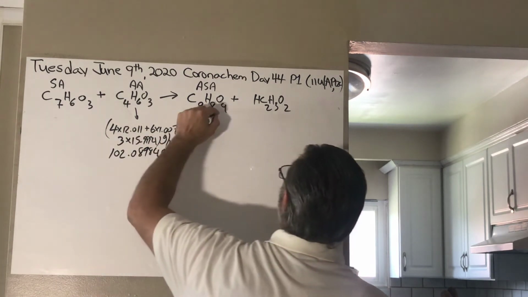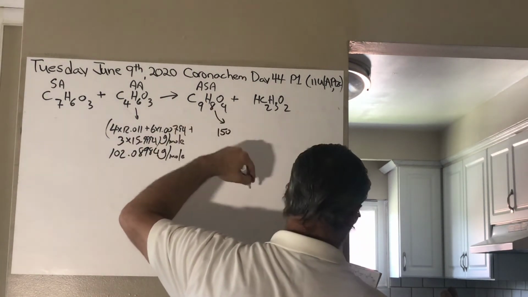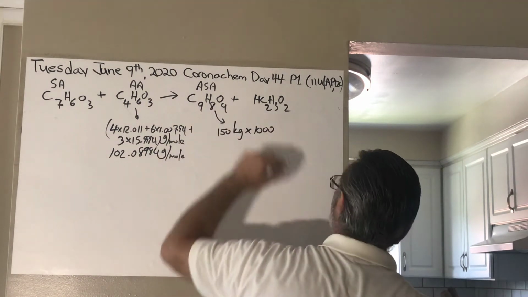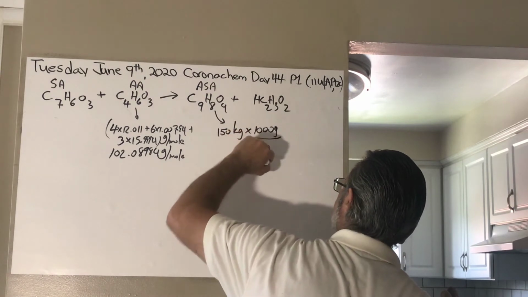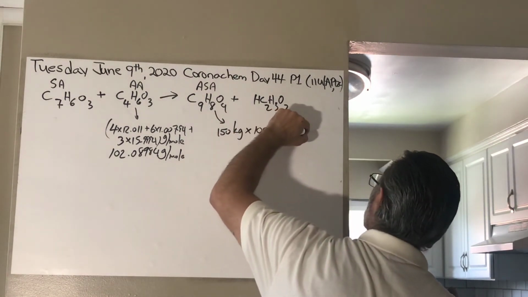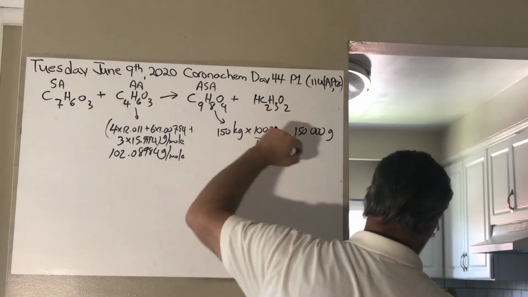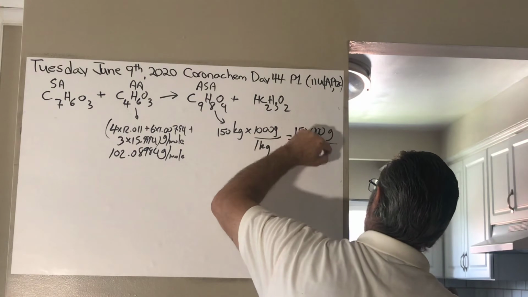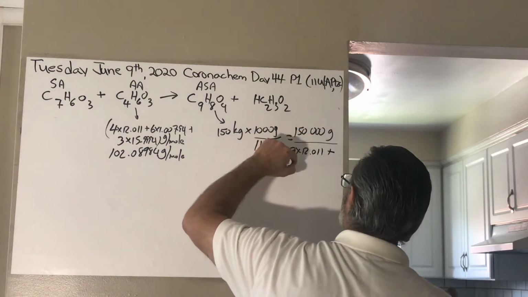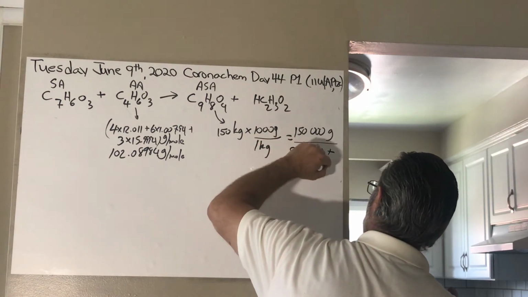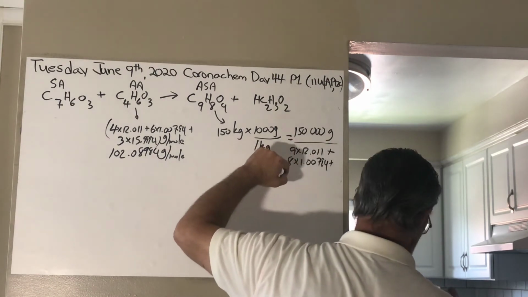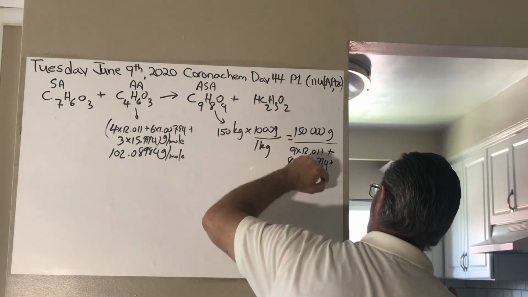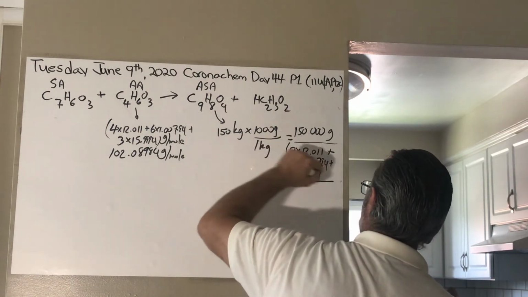The aspirin, of which there are 150 kilograms, is 150,000 grams, and we're going to divide that by 9 times 12.011 for the carbon, plus 8 times 1.00794 for the hydrogen, plus 4 times 15.394 for the oxygen, and that's going to give you a molar mass.